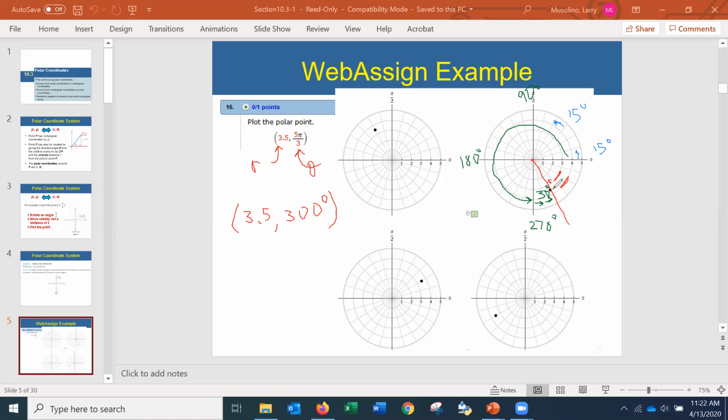Okay, and by the way, just to give you a little preview of converting, if I was going to convert this black dot to an XY coordinate, imagine changing this scale to XY.